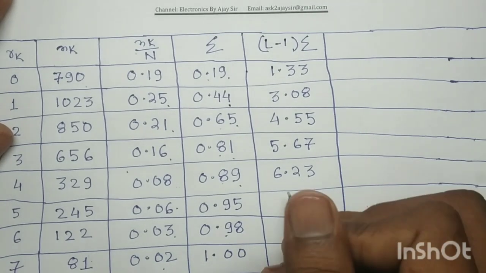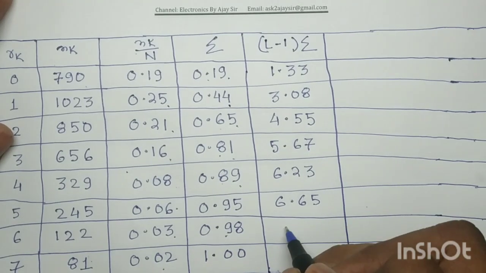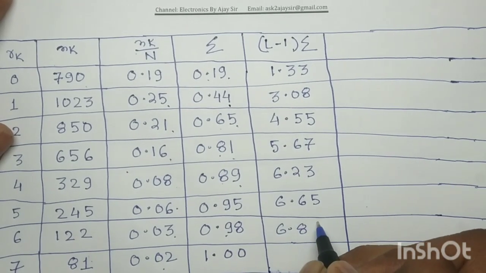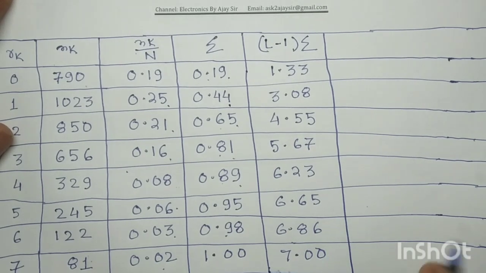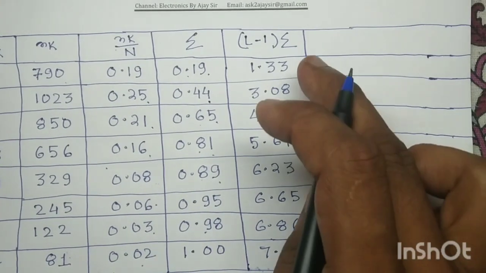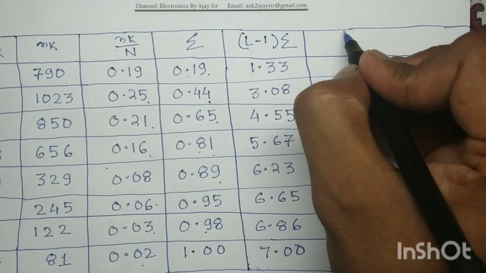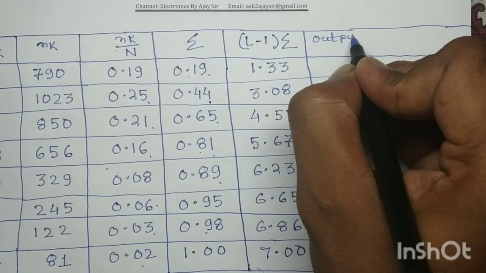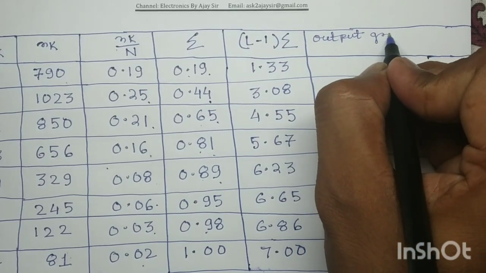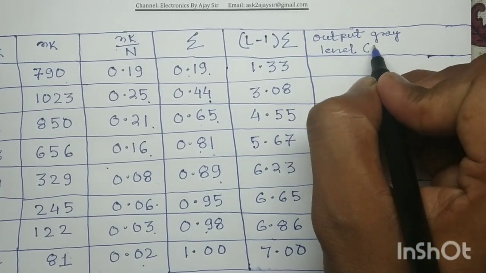If you determine the remaining values, it is coming to be 6.65, 6.86 and 7.00. And in the last step you have to convert this number into its nearest integer number. So I will write the output gray level represented by sk.